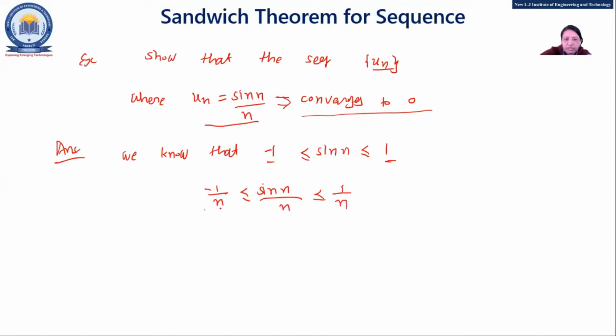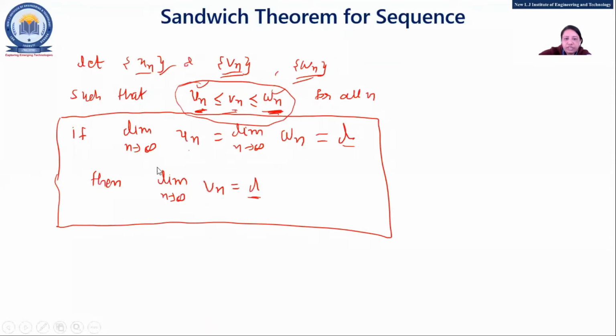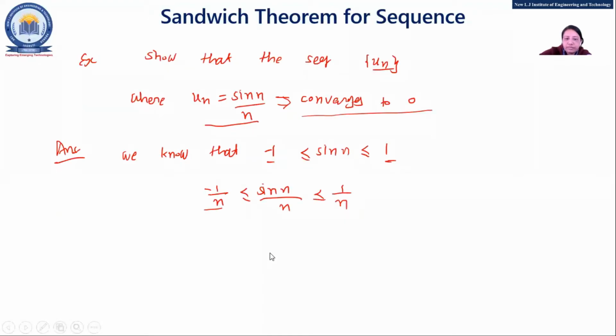Now, according to the definition, this is given, it is Un. Suppose this is my Vn and Wn, whatever name you can give, right? So we just need to find the limit as n tends to infinity of minus 1 by n, and the limit as n tends to infinity of 1 by n.